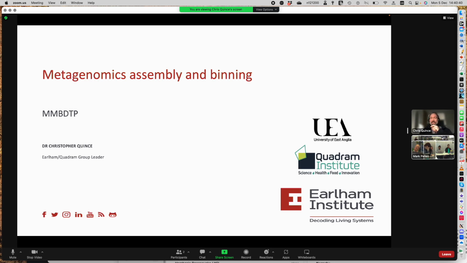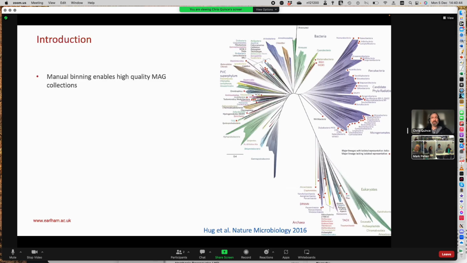So, metagenomics assembly and binning. This is going to be a bit more complex. All right. So binning is something that should be on everybody's radar now. It really has transformed microbial ecology, essentially because it enables us to get genomes from uncultured organisms.